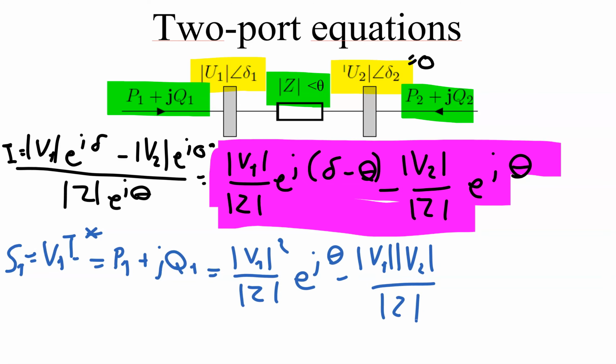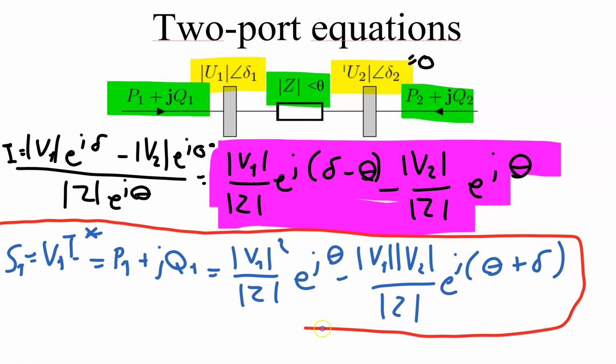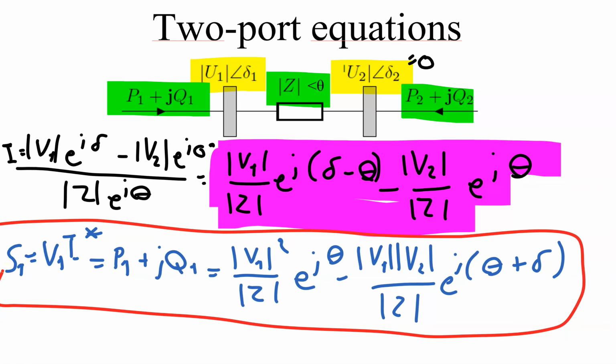I just used the expression above and multiplied by V1, so you see V1 came into both terms. Here you can see what it is actually representing: a term with the V1 voltage squared, and then a combination of V1 and V2.